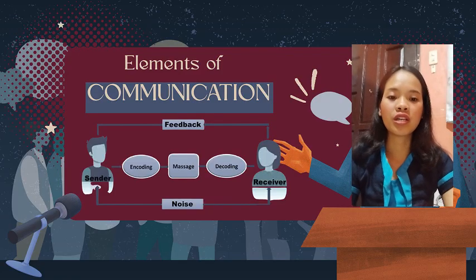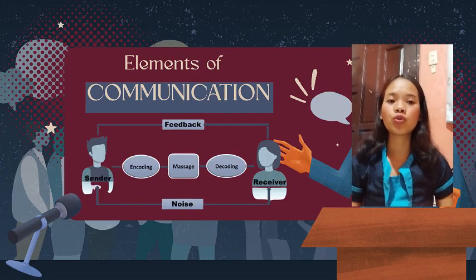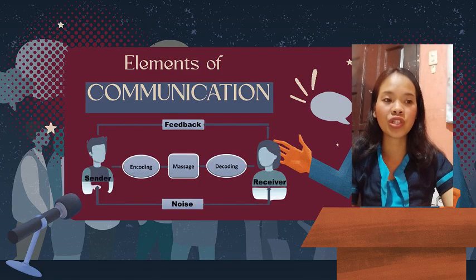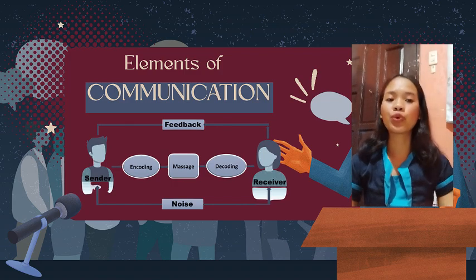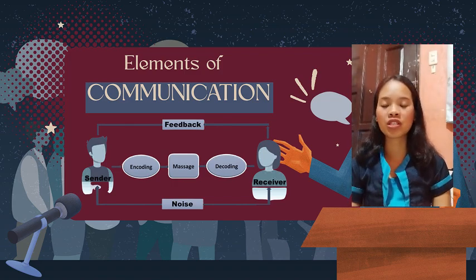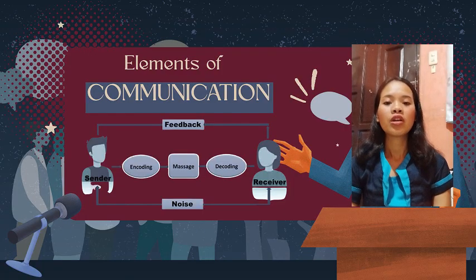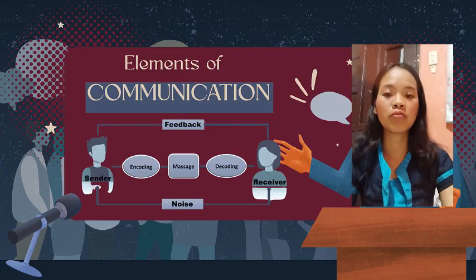Next to media we have decoding. Decoding means translating the encoded message into language understandable by the receiver. Decoding happens when the receiver interprets or analyzes the message sent by the sender. This process is done by the receiver.